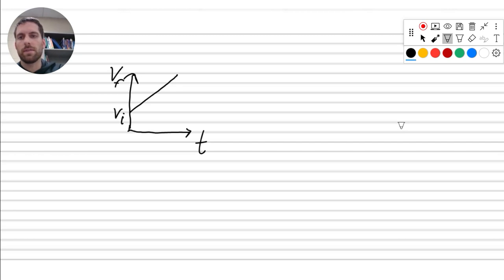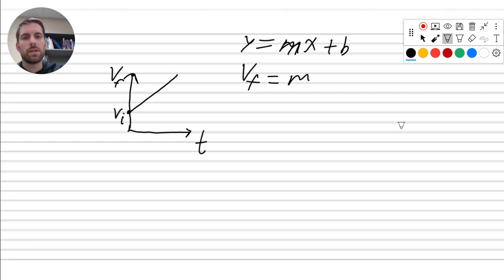We'll say up here is our v final at the very top, and v initial is where we start. And we want to write everything out like the y equals mx plus b. So v final equals some m, we don't know what that is yet, times our x, which is t this time, plus v initial. So that's our equation. And we can solve this, same thing we did before, for m.